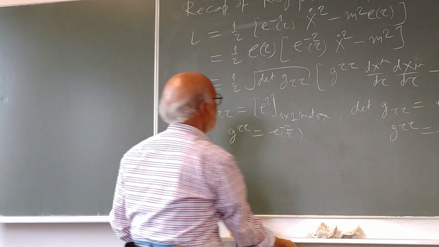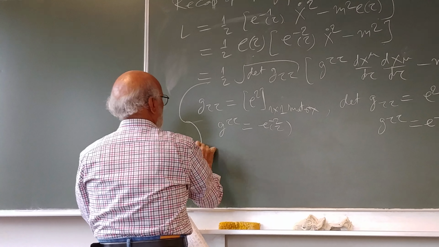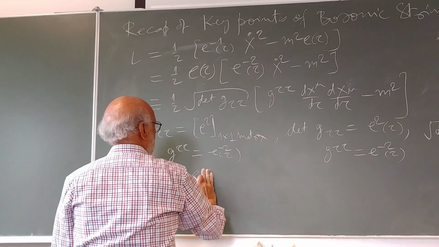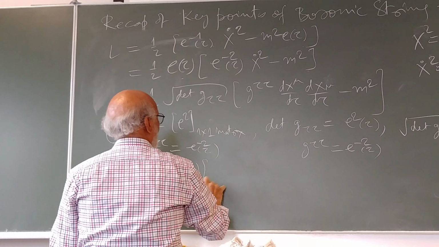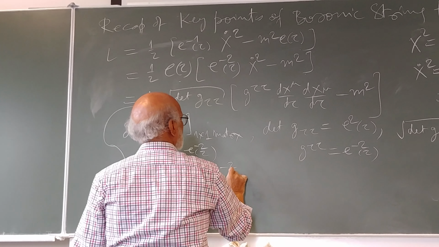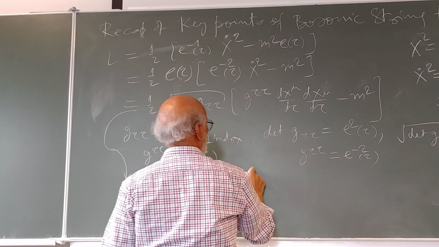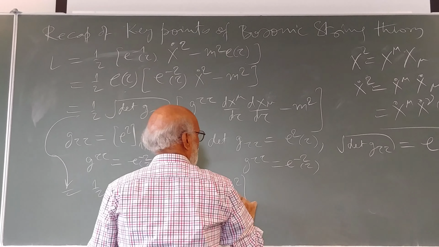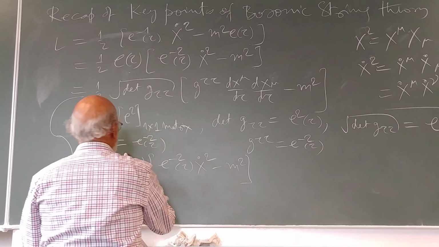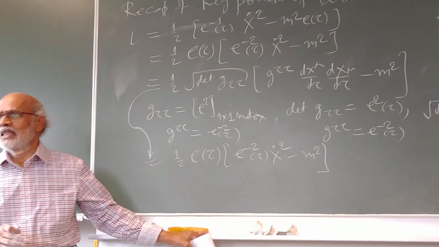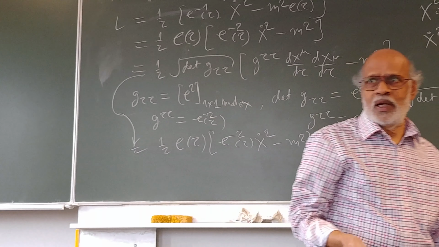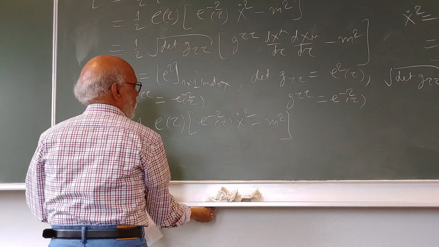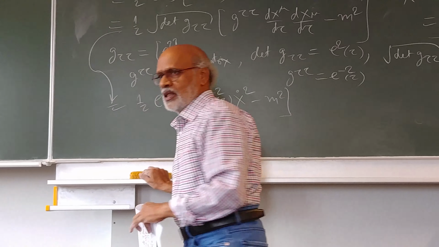So this action could then be recovered as e of tau, e to the minus 2 of tau x dot square minus m square. This particular action is called the Polyakov action for the relativistic point particle. And here e of tau is the auxiliary field.